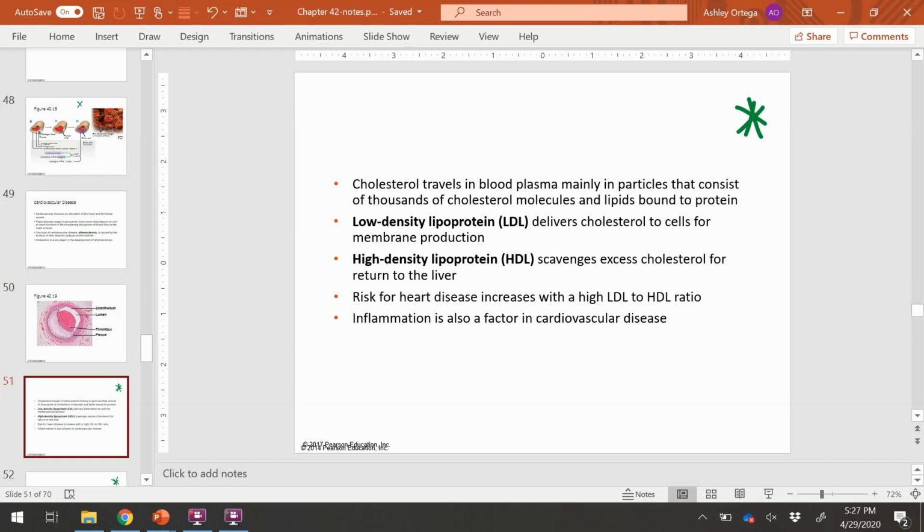And a high-density lipoprotein is going to scavenge excess cholesterol for return to the liver. And so in terms of cholesterol, patients want a low LDL and a high HDL. The high LDL can contribute to a risk for heart disease and other factors.